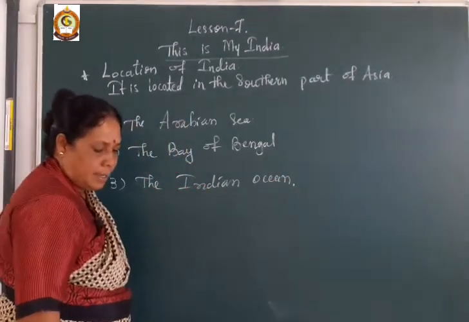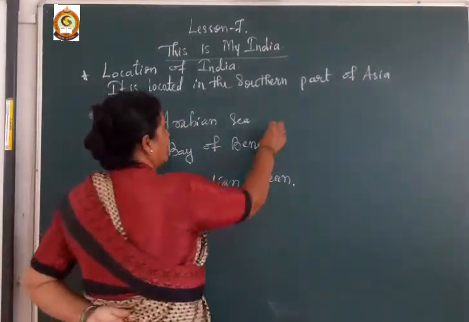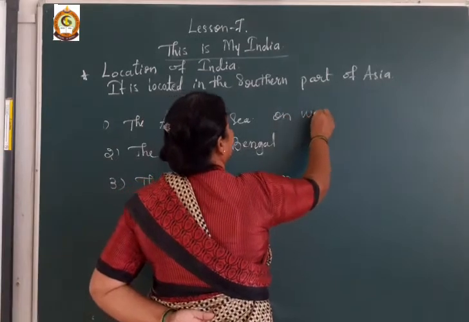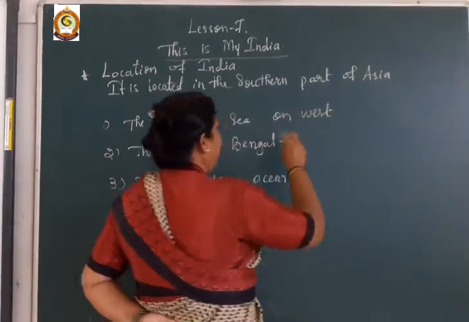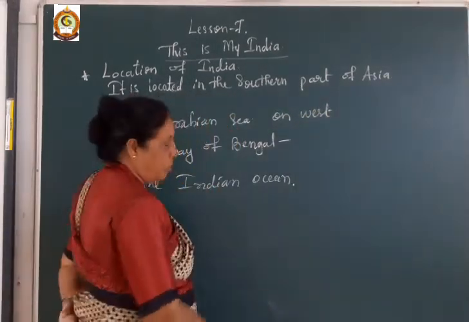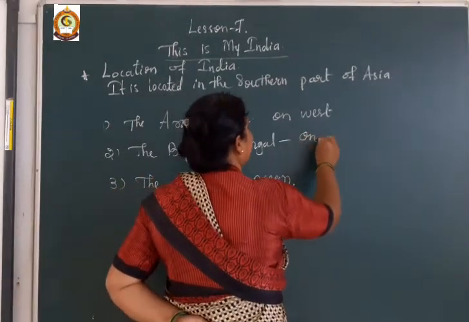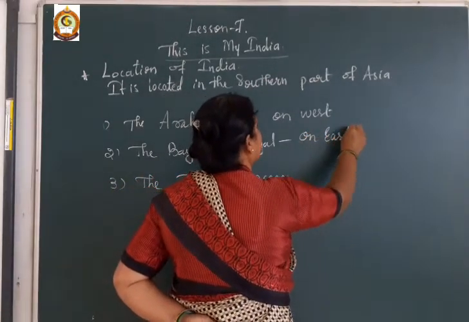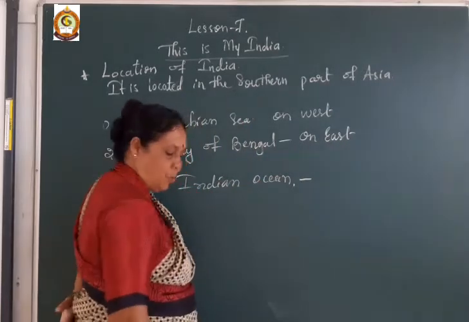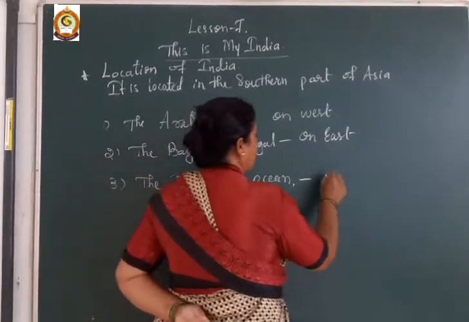Okay, and here the Arabian Sea is on the west, and the Bay of Bengal on the east, and the Indian Ocean to the south.